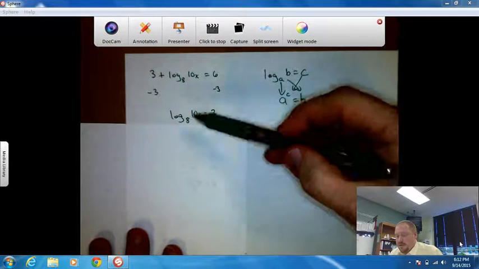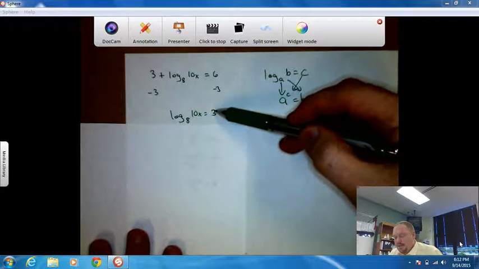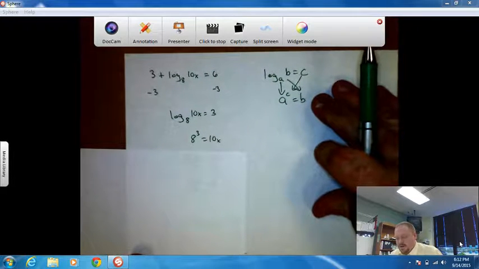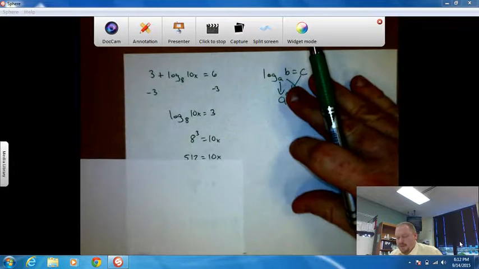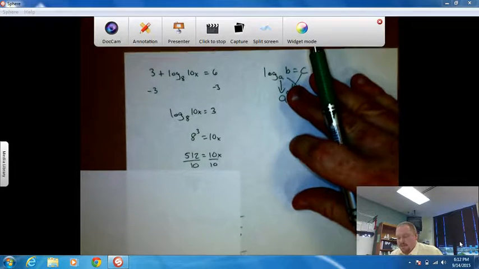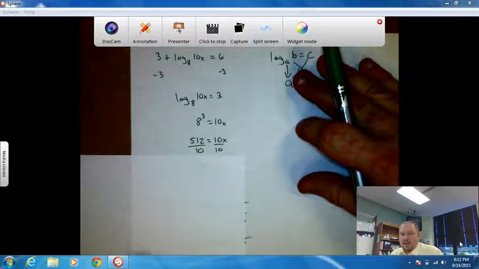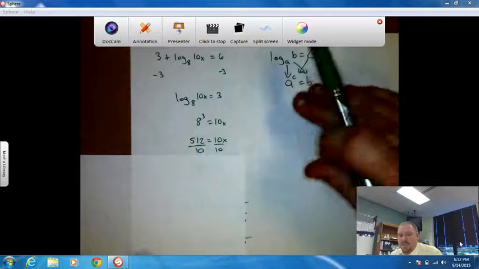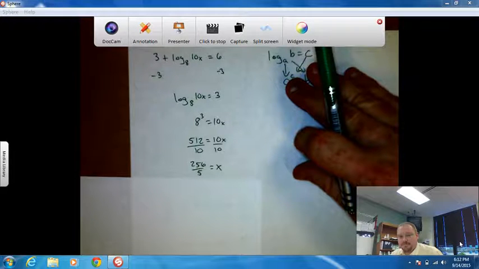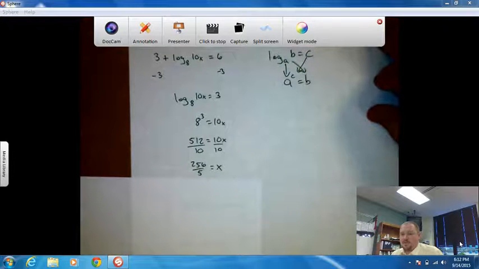So the 8 is going to become big. The 3 becomes my exponent. The 10x becomes what it equals. So 8 to the third. I used my calculator. That's 512. That equals 10x. So divide both sides by 10. And you can simplify 512 over 10 to 256 over 5. That problem wasn't so bad.